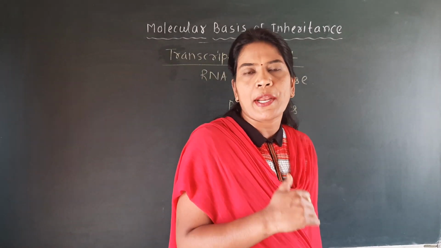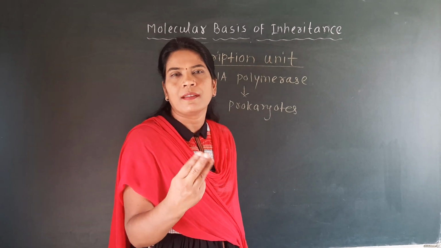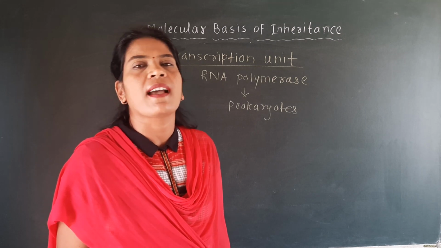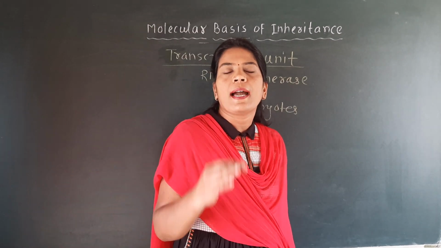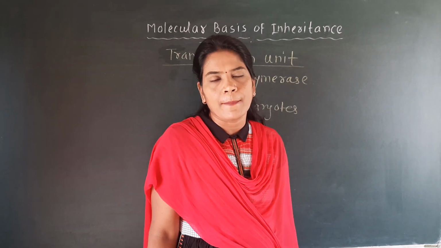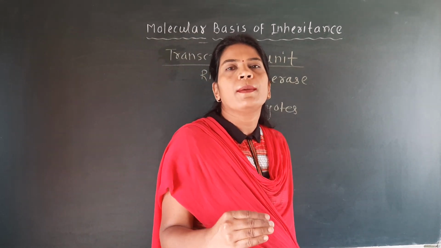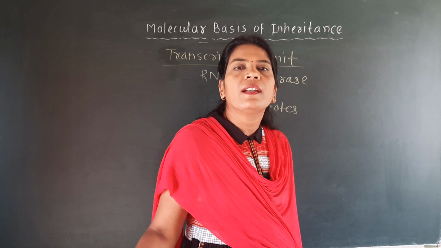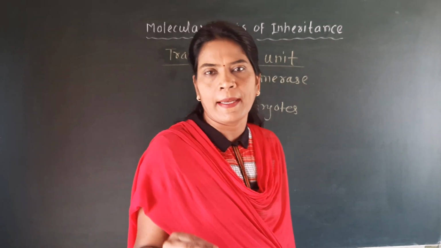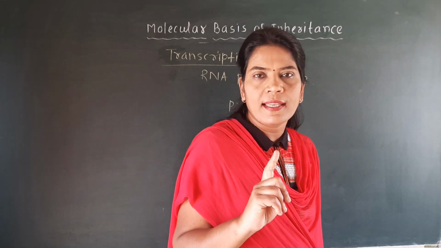But in eukaryotes, you will find three different types of RNA polymerase which have a role in the transcription, and these are classified into RNA polymerase 1, RNA polymerase 2 and RNA polymerase 3. Here we have to see which polymerase enzyme forms the different types of RNA, because transcription means the formation of RNA, and as we know the RNA are of three types: mRNA, rRNA and tRNA.